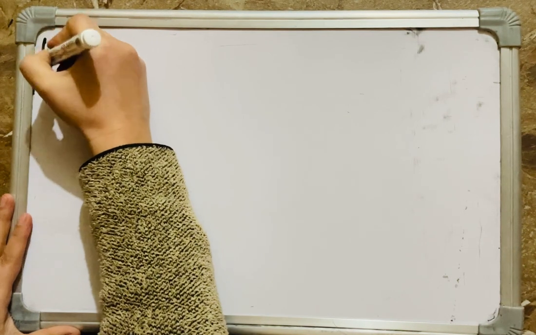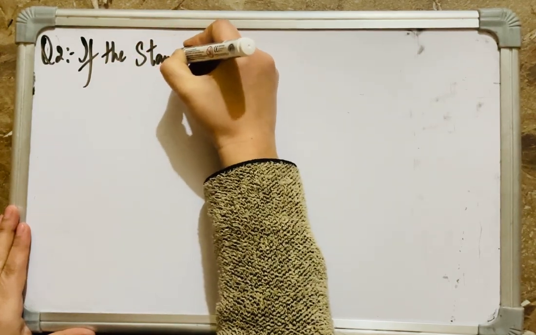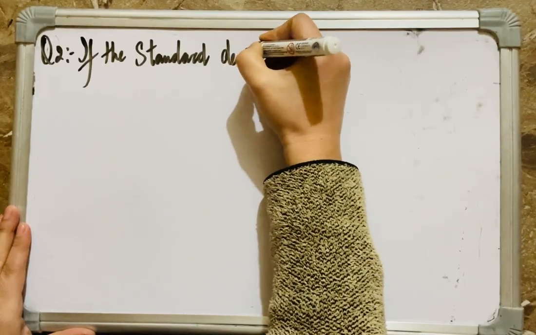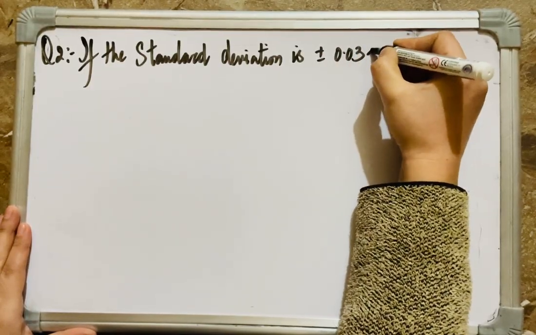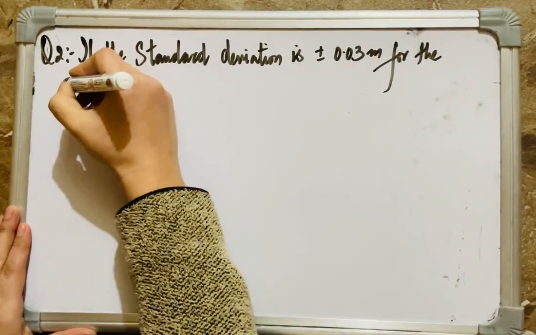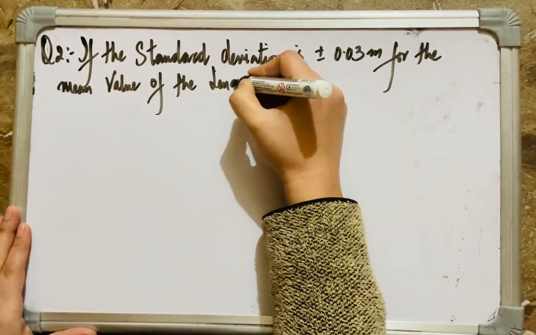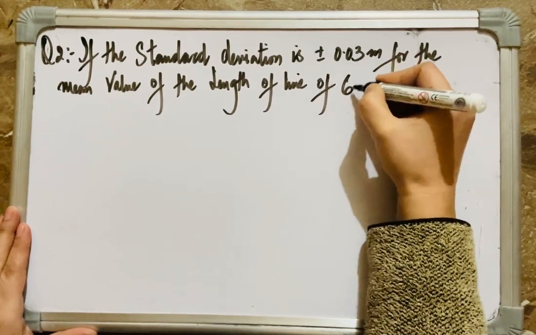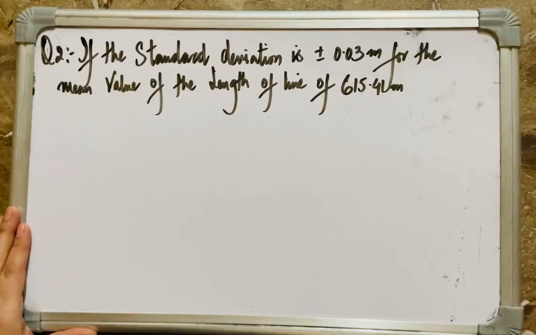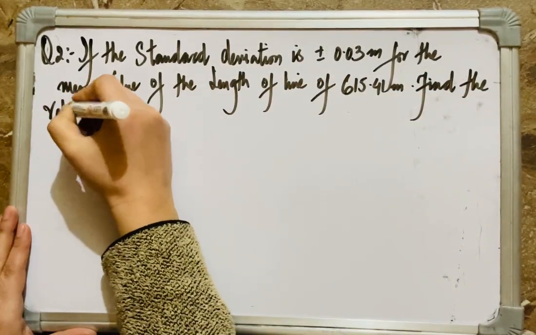So question number 2. Question number 2 is, if the standard deviation is plus minus 0.03 meters for the mean value of the length of line of 615.41 meters, find the relative precision.